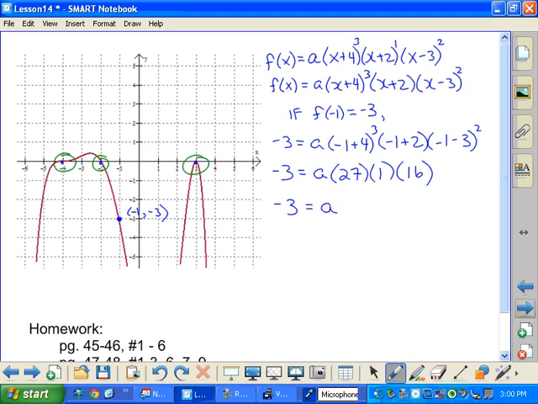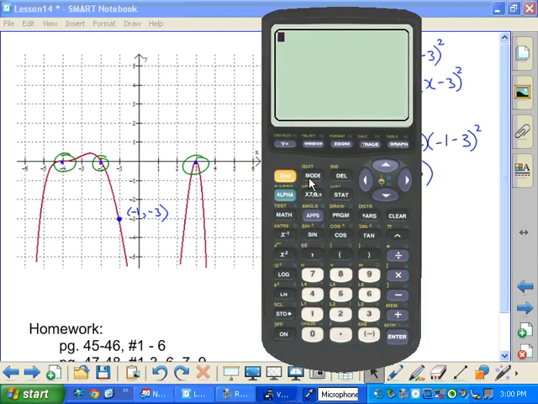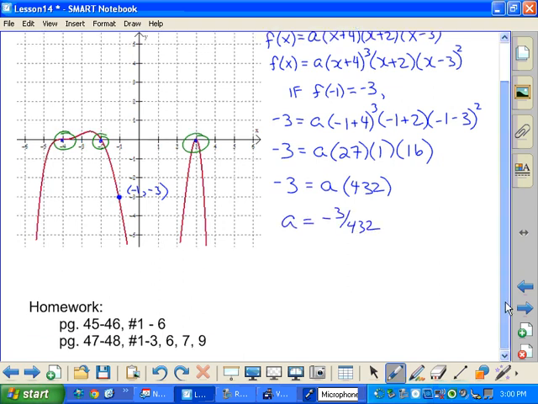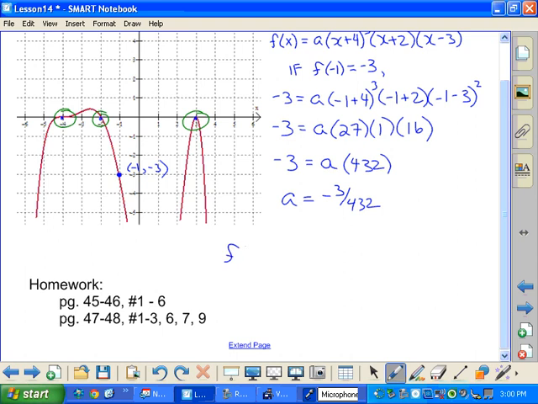Now, I'm going to have to actually use a calculator. 27 times 16, 432. So a will equal -3 over 432. Again, this is an approximation. It's not going to be exact, but it's going to be pretty darn close if you take your time and find the correct points.